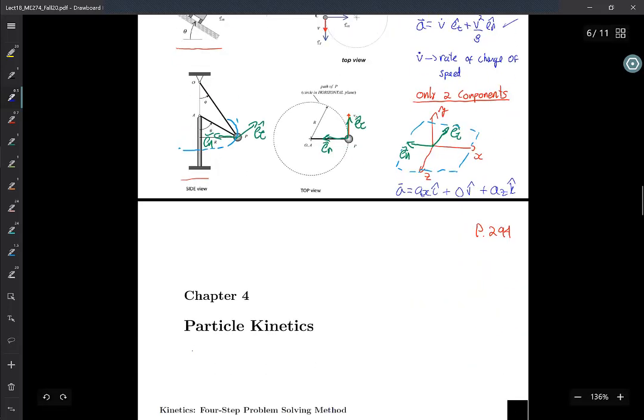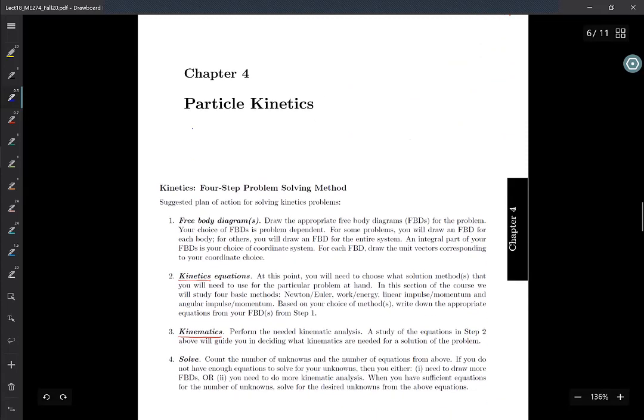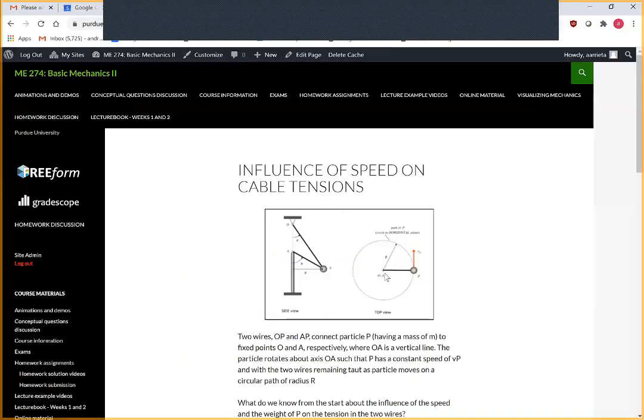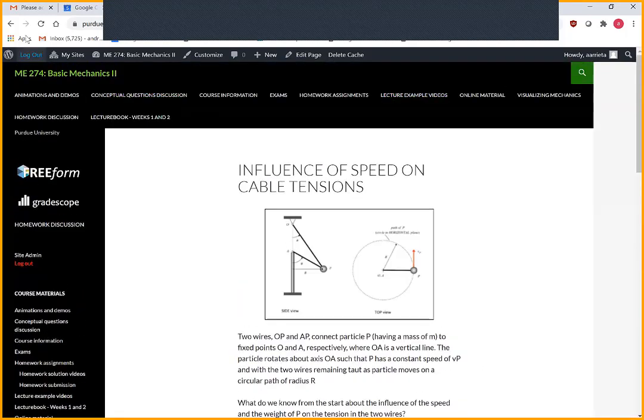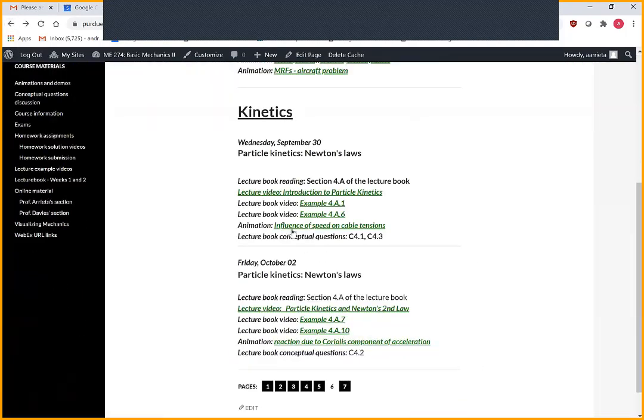Okay, let's do now. I want to again encourage you to follow this particle kinetics procedure. Also for the homework, if you go to this animation, it's called Influence of Speed in Cable Tensions.